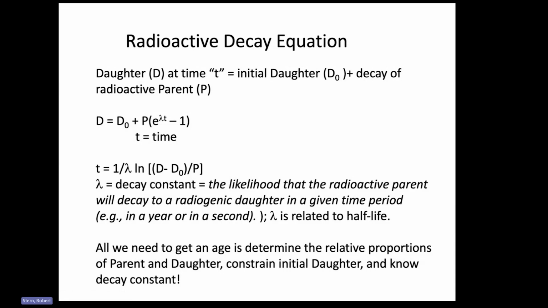Okay? All we need in order to get an age is to determine the relative proportions of parent and daughter, constrain the original initial daughter so that we know it was there when the radiogenic started accumulating, and know a decay constant, right?